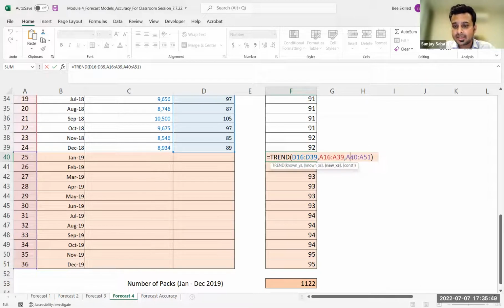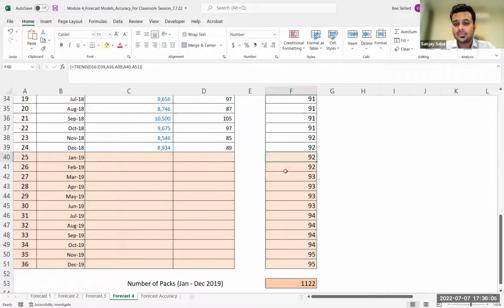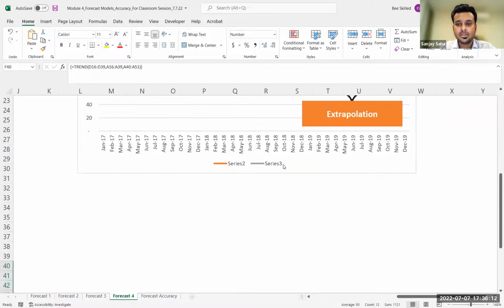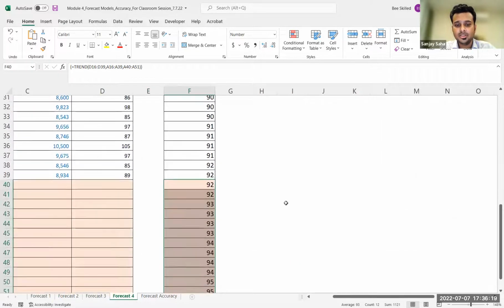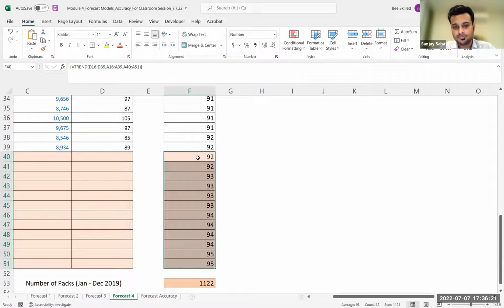And then the new X: for what period do we want to calculate? This next 12 months, 25 to 36. Once we put this and press Control Shift Enter, it will extrapolate all the data here. So this is the extrapolation which I showed you on the graph. This area is now represented in numbers here using the trend function.